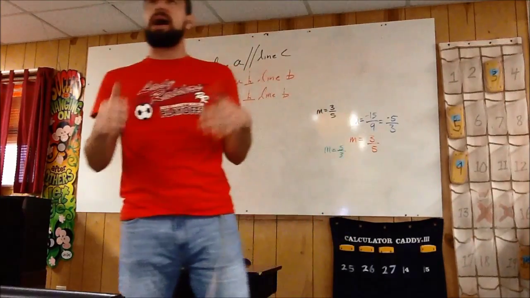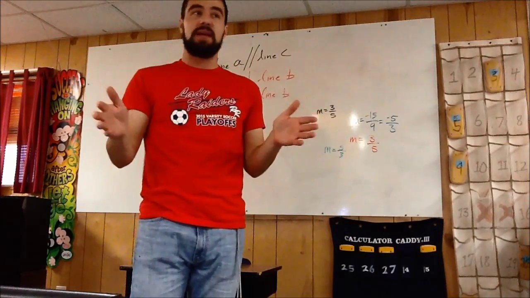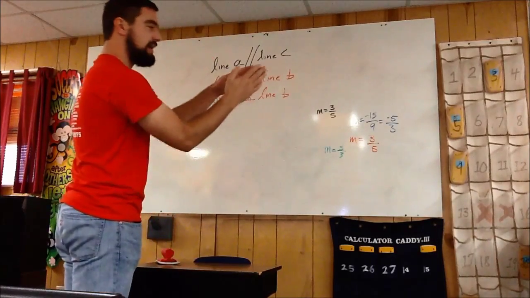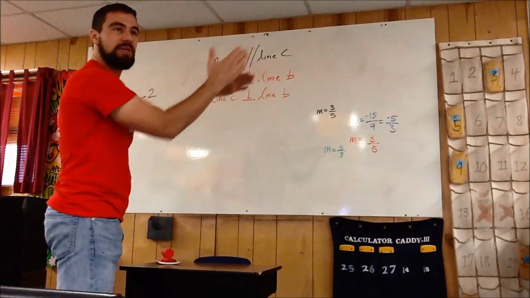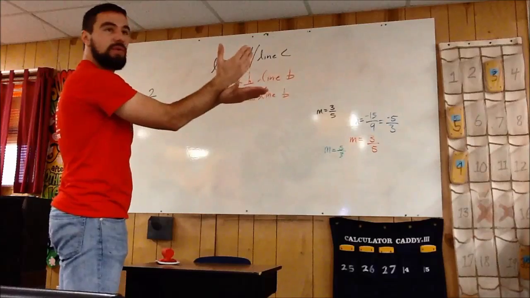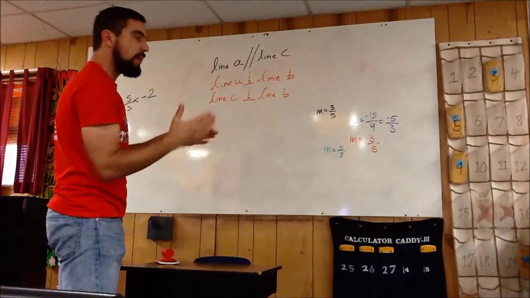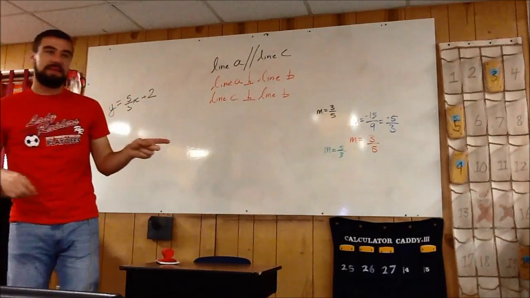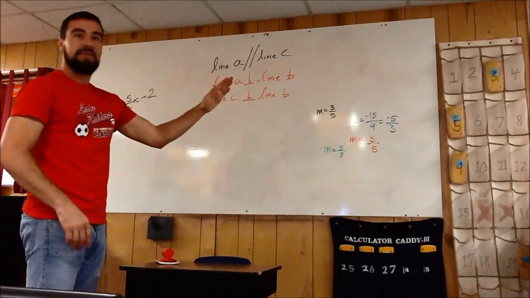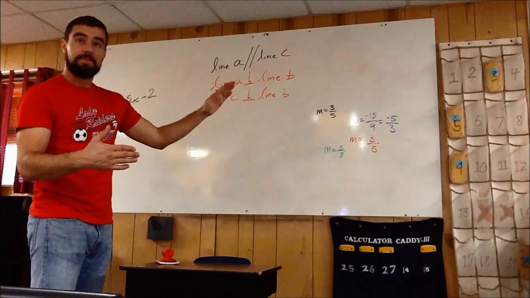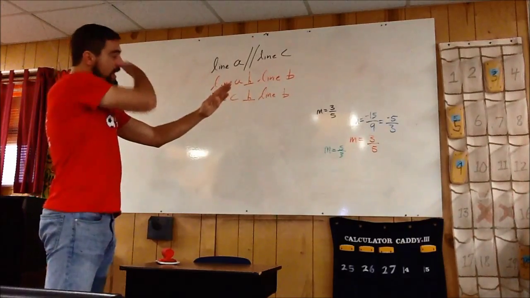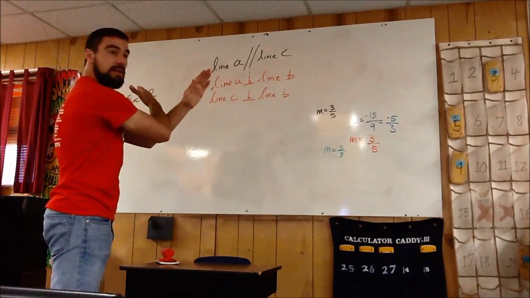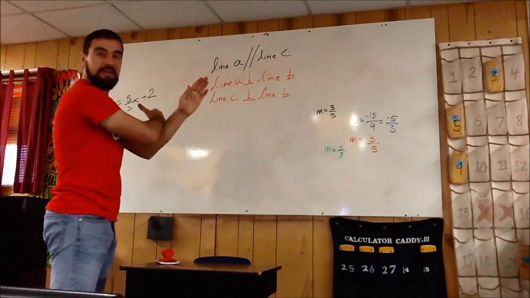Because if I had two positive slopes that were different, well, they're going in the general same direction, even though at some point they're going to cross. The reason why they have to have opposite signs is because when one is positive, the only way another line is going to come down and create a right angle is if that one's negative.